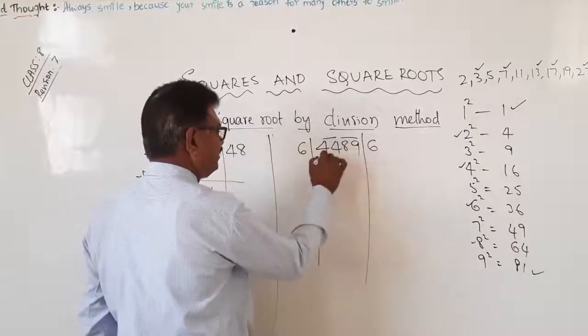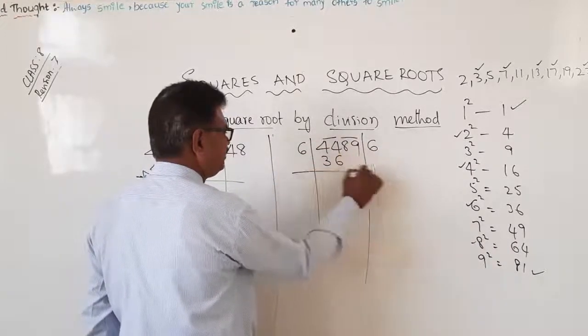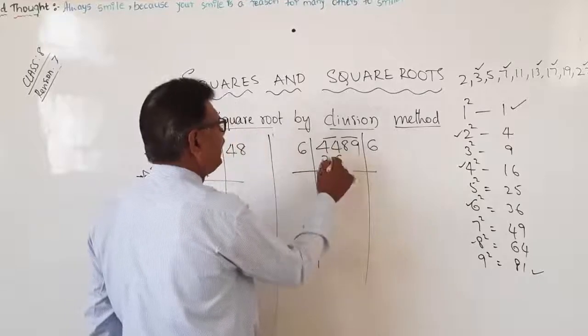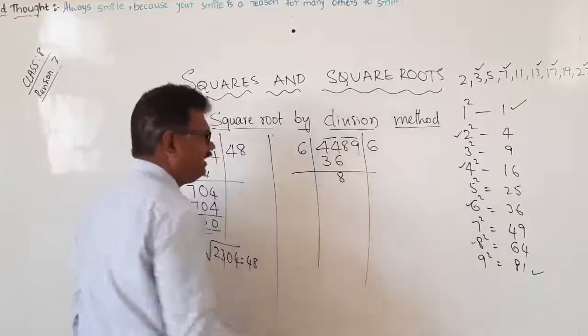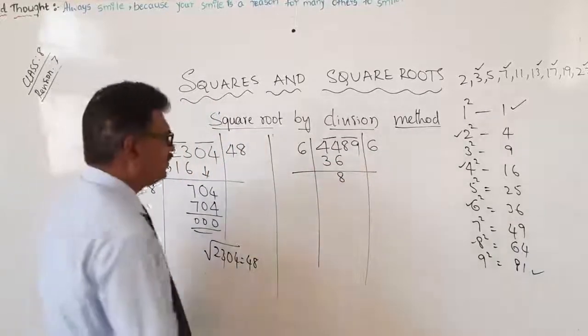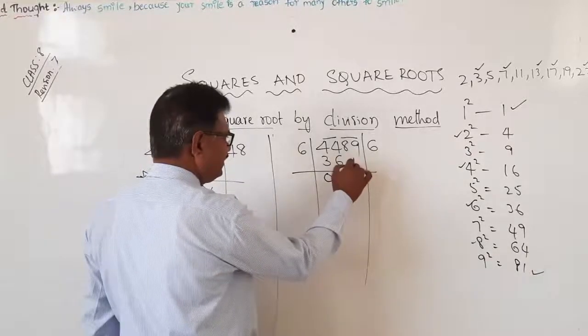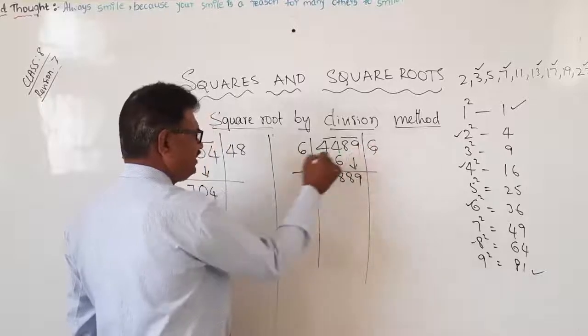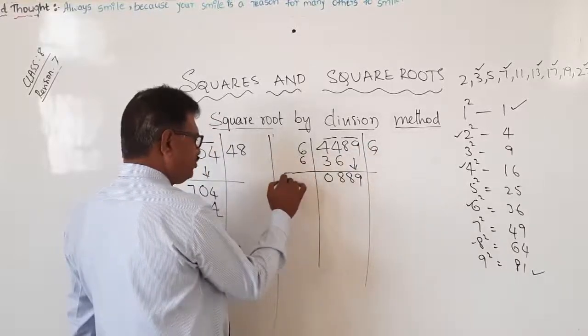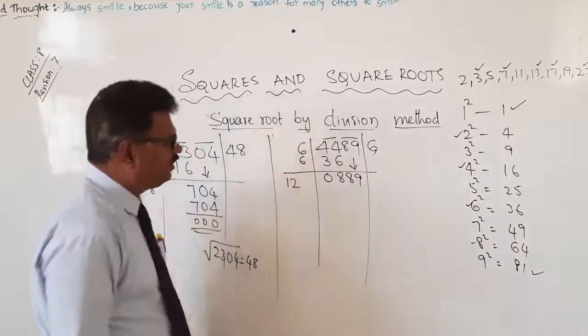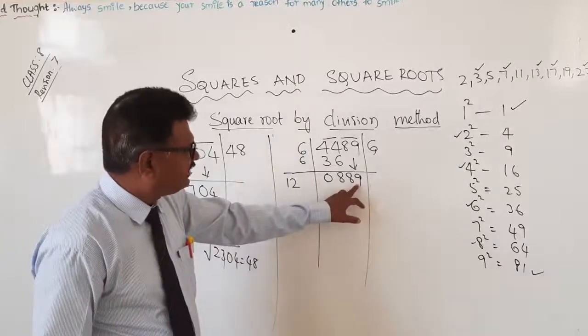Here 6. 6 into 6 is 36. Now 44 minus 36, it is nothing but 8. Here 0, number is 89. Now bring this 6 here, 6 plus 6, 12. Now very simple, 9 is there.